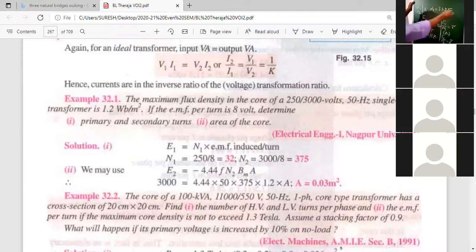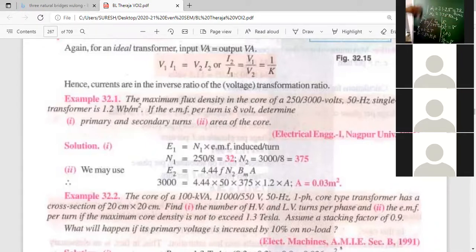Round it off to a higher value. N1 is 32 turns. Similarly, here substitute E2. E2 is 3000. We'll get N2 as 375 turns.